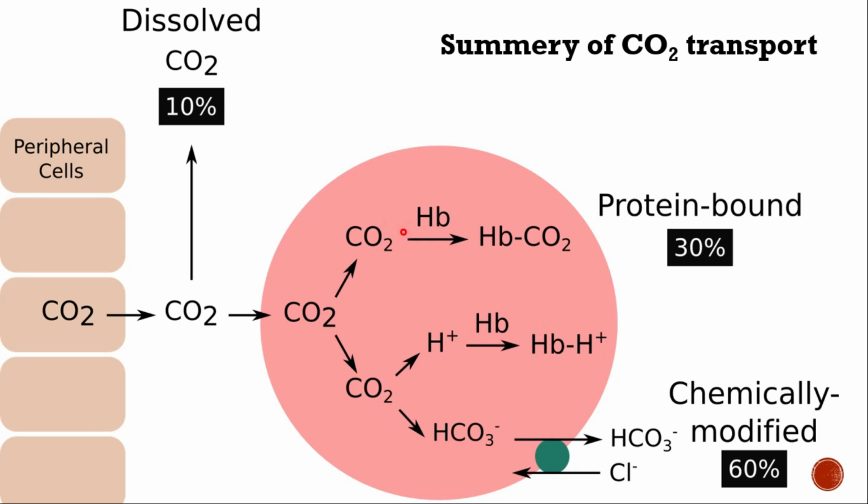Almost 30% of the carbon dioxide is bound with hemoglobin, while the remaining 60% takes the other way. That is, this carbon dioxide is converted into bicarbonate ions and ultimately, with the help of carbonic anhydrase, is converted to carbonic acid, where chloride shift helps in this conversion.